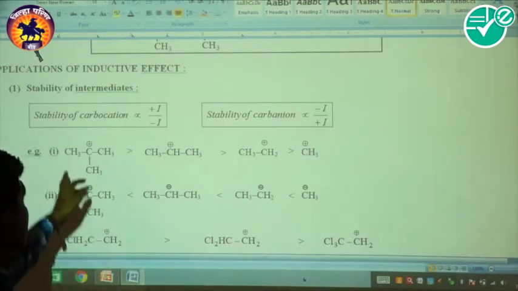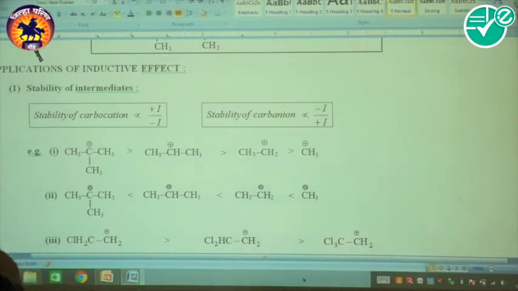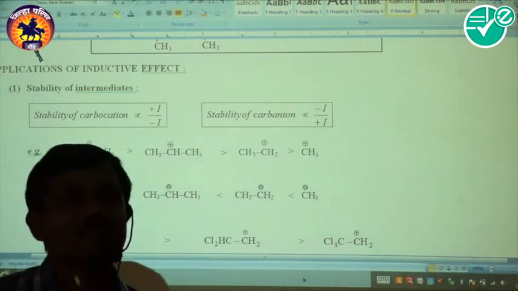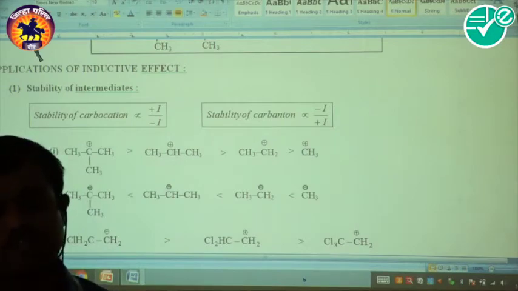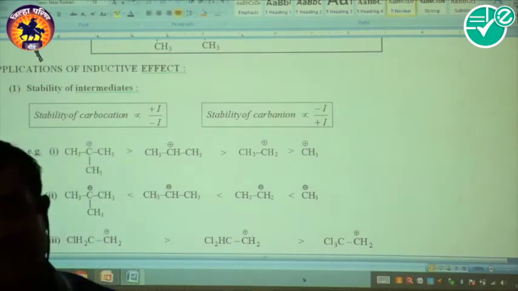The stability of the carbocation is directly proportional to the positive inductive effect and inversely proportional to the negative inductive effect.